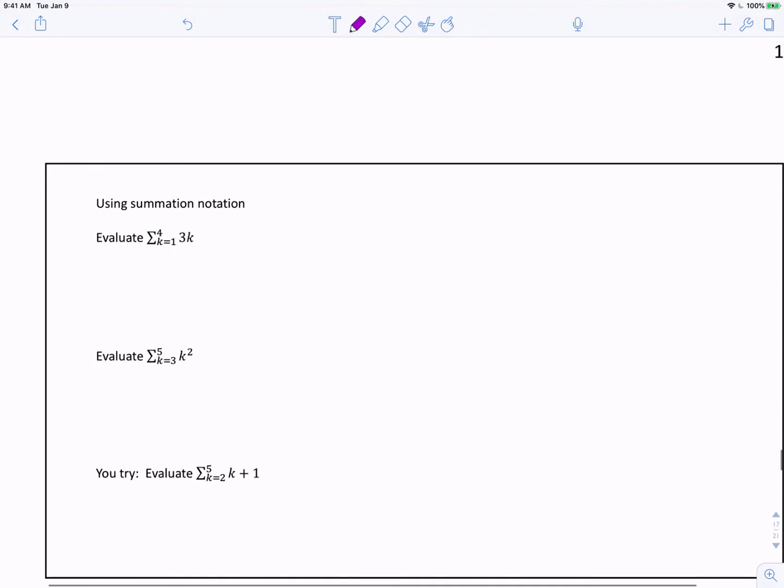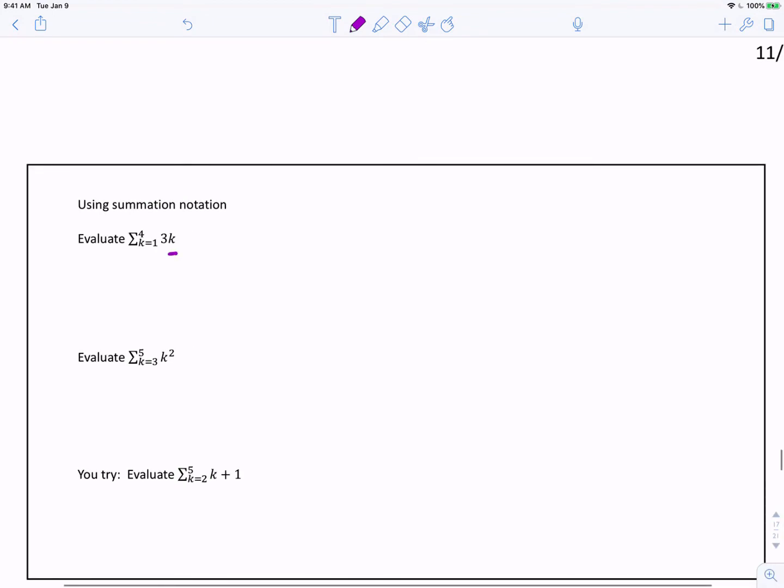Okay, so let's evaluate this sum. The lower limit of summation is 1, and the upper limit is 4. And here is how we're going to generate every term. So first thing we're going to do is fill in 1 for k, and we're going to get a 3. We're going to fill in 2 for k. We're going to get a 6.